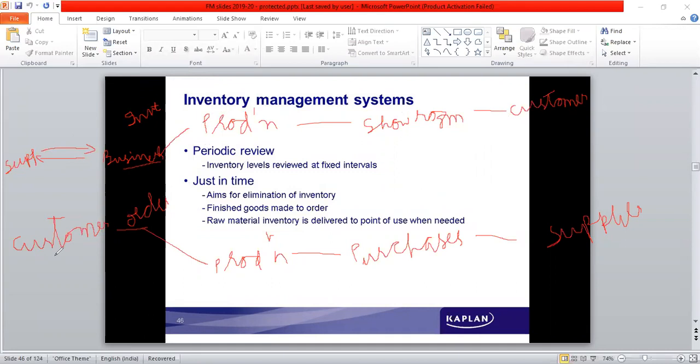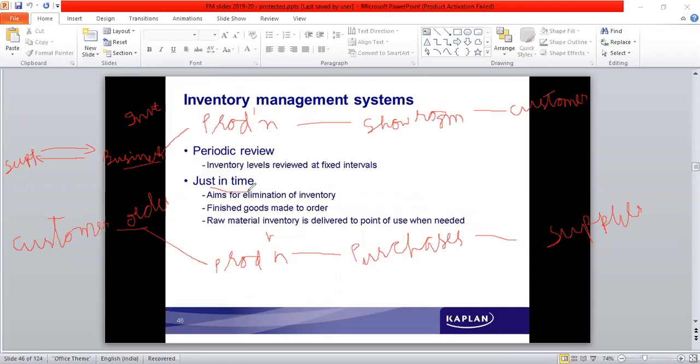But in case of JIT system, they don't buy anything. They don't buy material. They don't have a stores department where they store it. They wait until a time when there is an order received from the customer. So on receiving the order from a customer, then they look for purchasing the material. But purchasing is a time taking process, as we've just discussed.